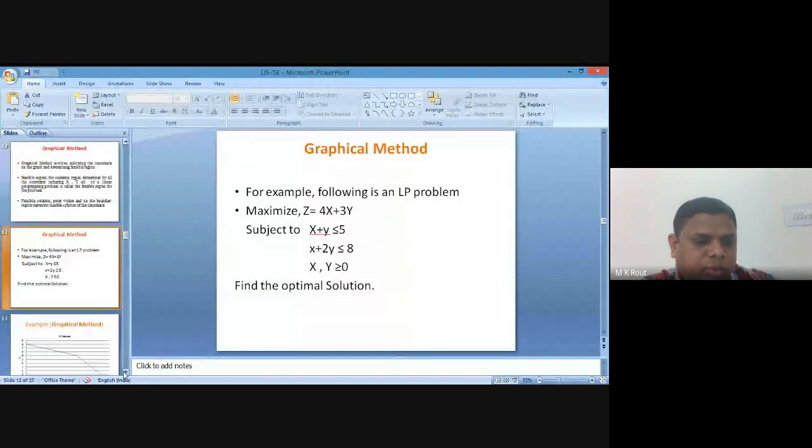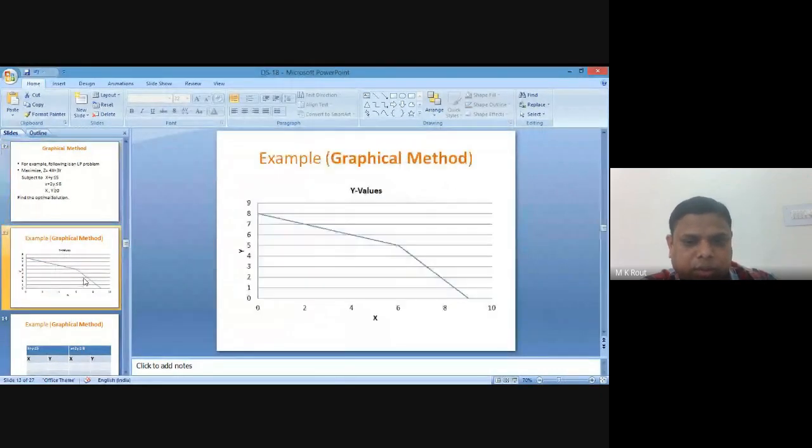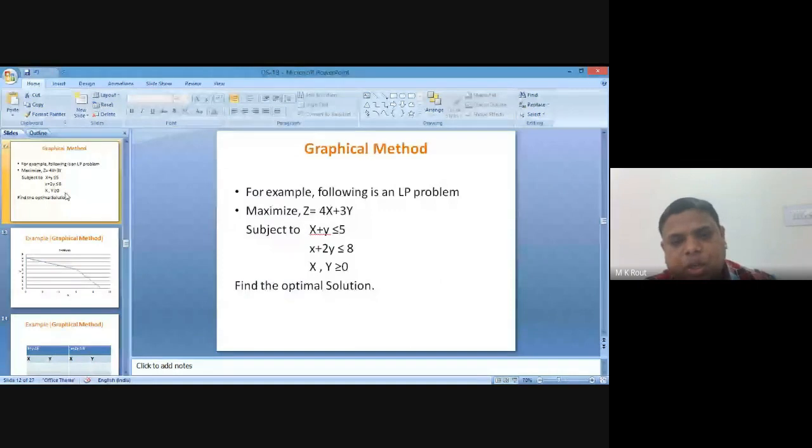Is it finished? Move to the next one. So first you have to draw the graph. Here I draw it for your easy understanding of this particular concept, especially with reference to the graphical method for solving linear programming problems. So I read the first one: z equals 4x plus 3y, x plus y less than or equal to 5, x plus 2y less than or equal to 8, and non-negative constraints x, y greater than or equal to 0.